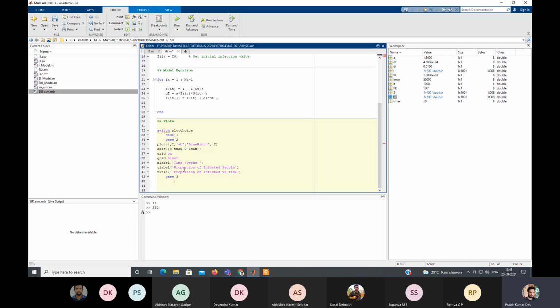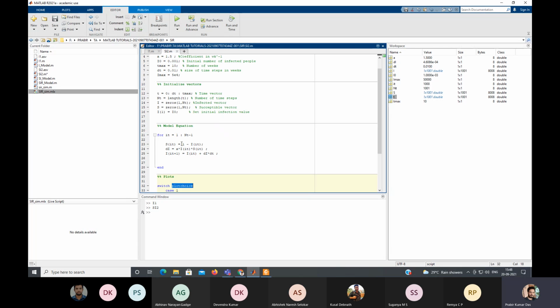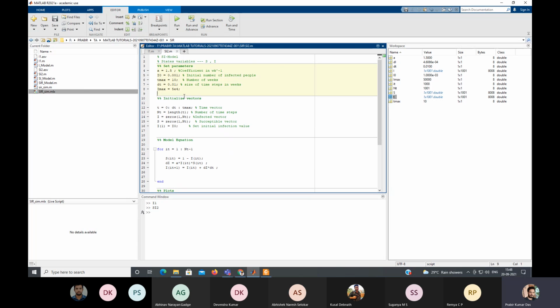Make three cases, and then end. So we also have to make this initial thing. Okay.